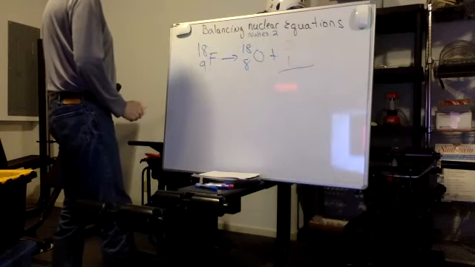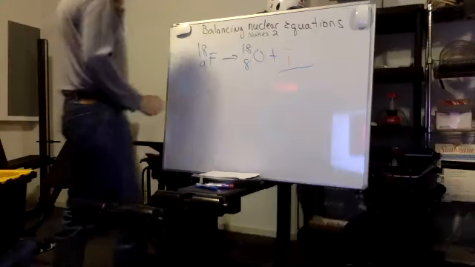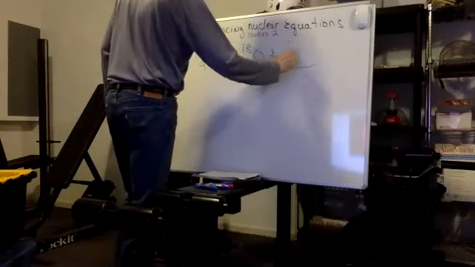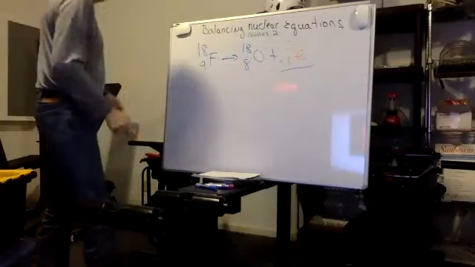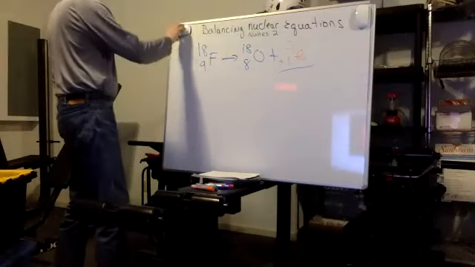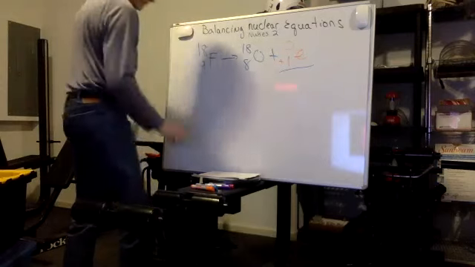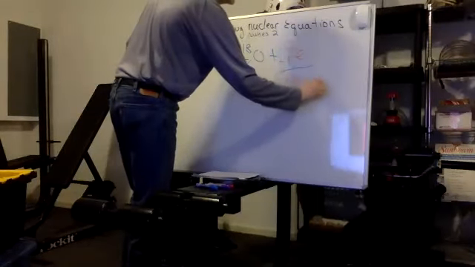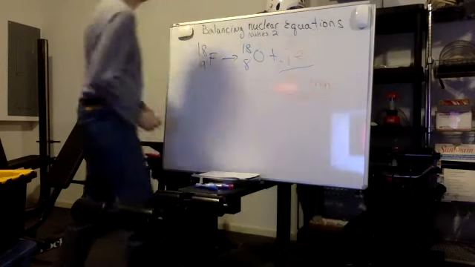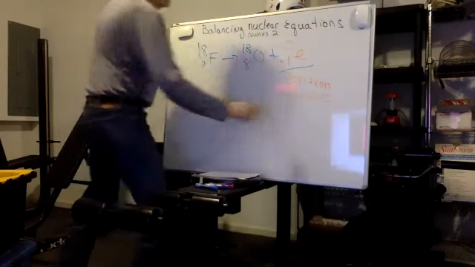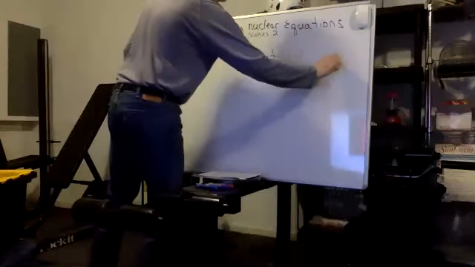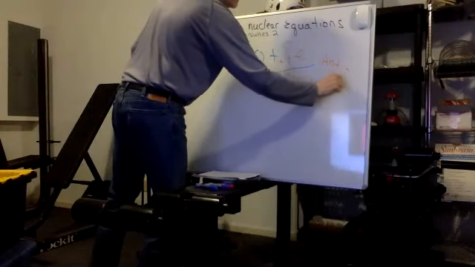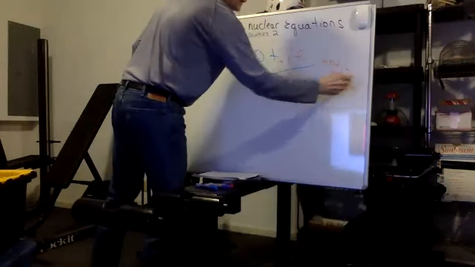And let's see, 0, 1 will be a positron. Haven't seen a positron in a while. It is a positron, which is classified as what's called antimatter.